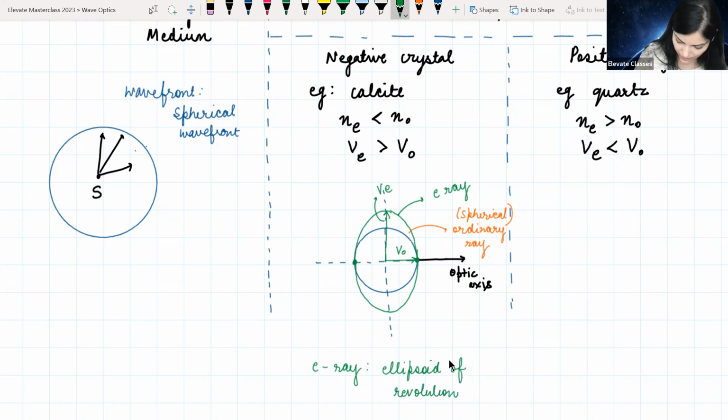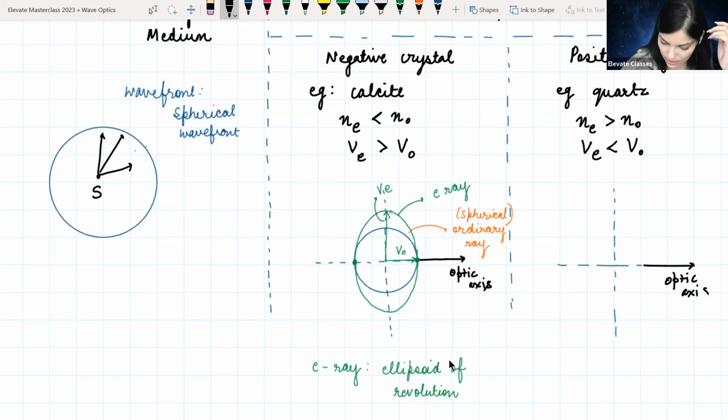Okay, I'll get some kind of an ellipsoid in 3D, and in 2D the cross section looks like an ellipse. Okay, so similarly, I can draw this diagram for a positive crystal. So again, let me draw the two axes. Again, I'm choosing that my optic axis is like this.